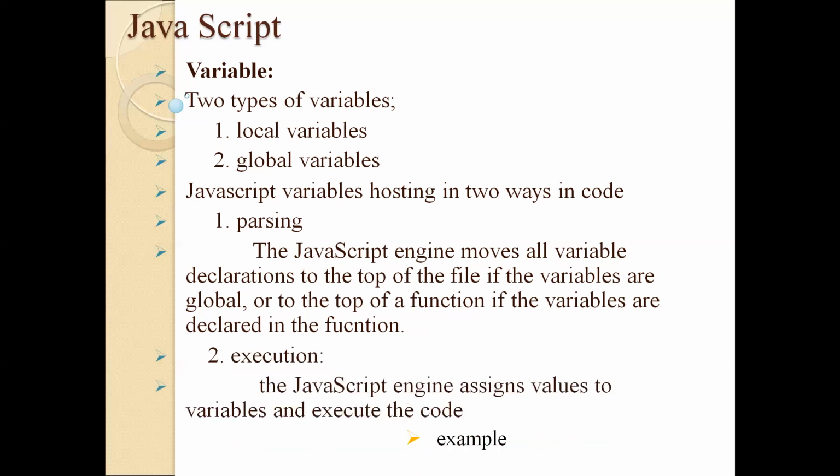So now let us look at this execution. The JavaScript engine assigns values to variables and executes code. So as I said earlier, JavaScript variable hoisting works in two ways in code.